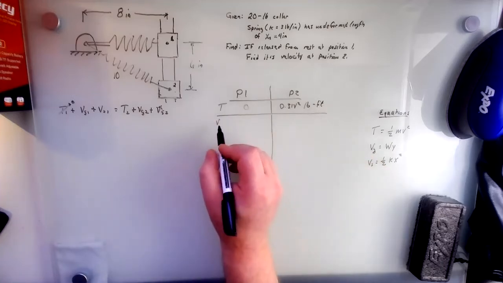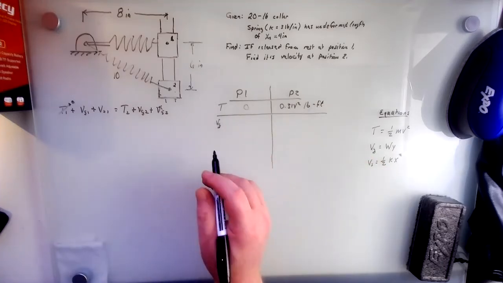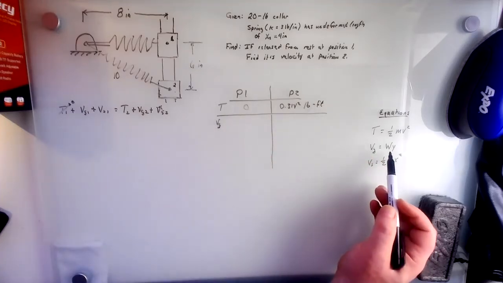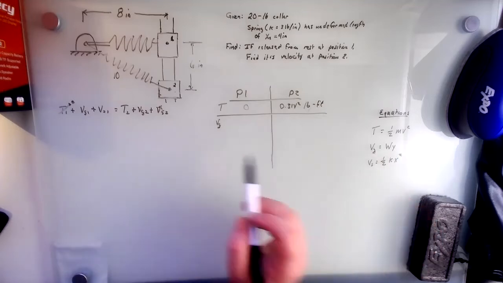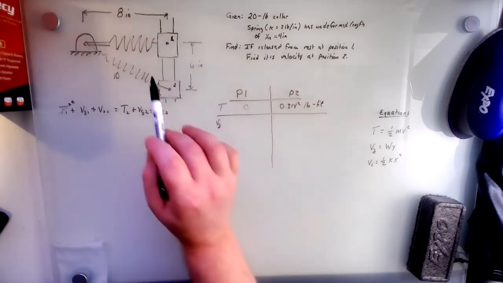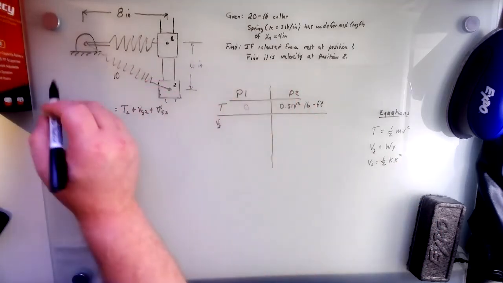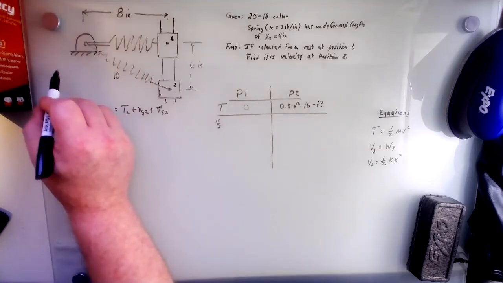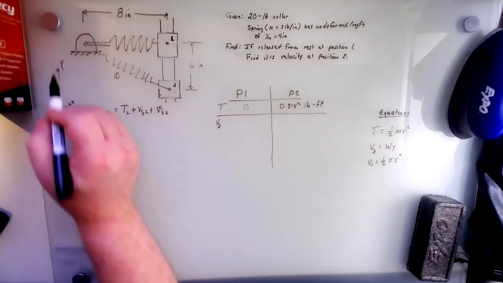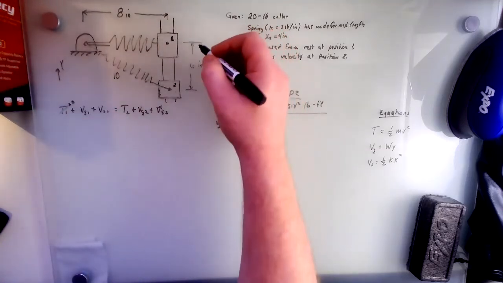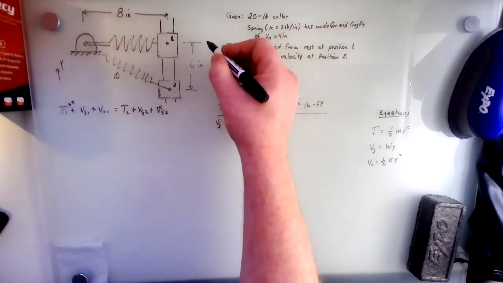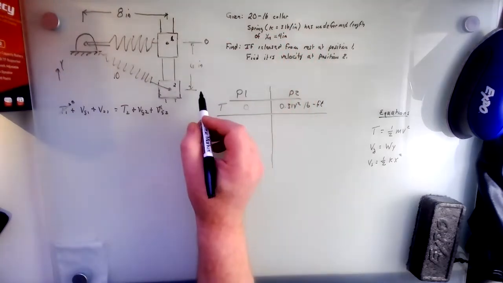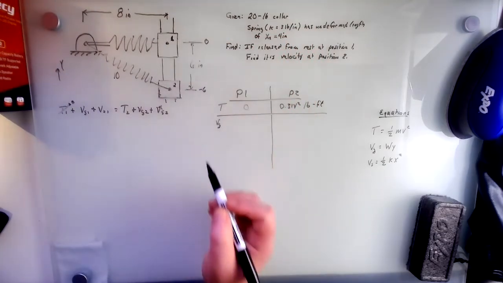What about V, say VG? Well, VG is the weight times Y. So the weight here is 20. Let's say this direction is Y, and then we need to determine what these positions are. Let's call this one 0, and we'll call this one -6.